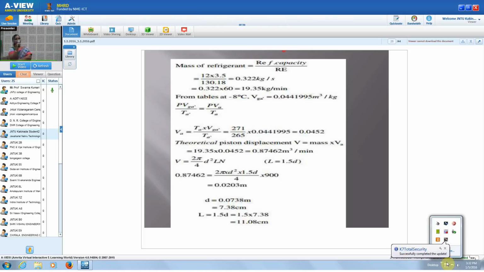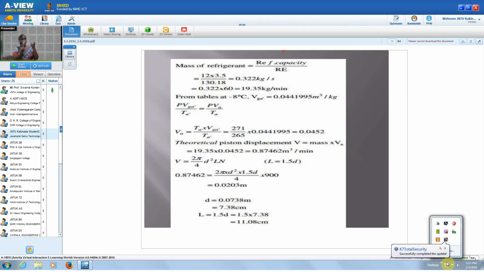So you equate that to pi by 4 d square ln. Okay. Because this is a double acting one, it should be multiplied with 2. 2 into pi by 4 d square ln. Okay. So here volume is equal to 2 pi by 4 d square ln. So where L is given as 1.5 times that of the bore.